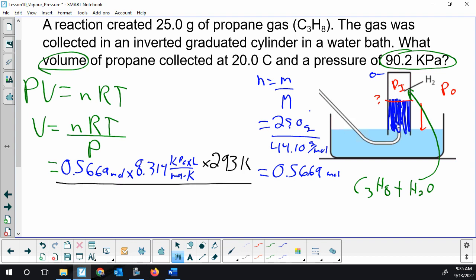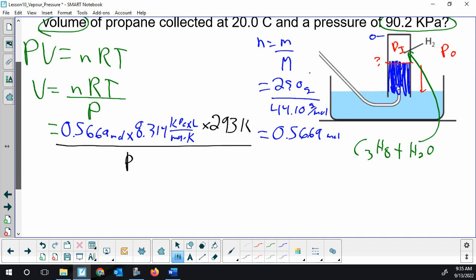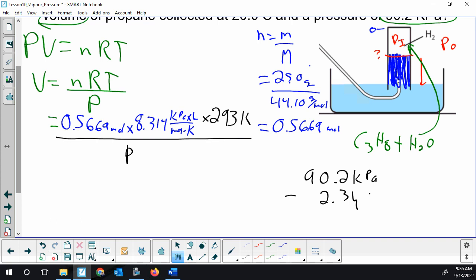Last, we've got our pressure. Now we want pressure not of the whole thing. So 90.2 kilopascals is the whole pressure, but I want to take away what's from water. So that's 2.34 kilopascals, looking it up in that table.